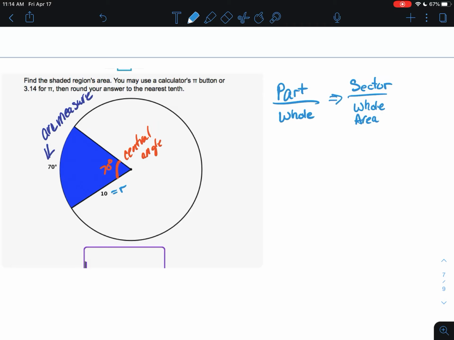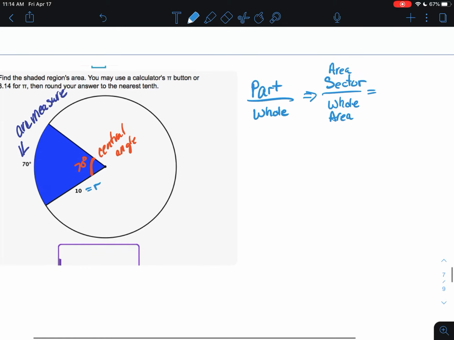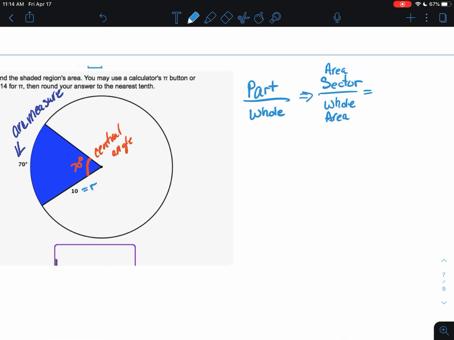Of course, the area of the sector to the whole area is going to equal the relationship of the angle measurement. So it's going to be the measure of either the arc or the angle. They're both the same, so we'll just write it out as the measure of the arc.